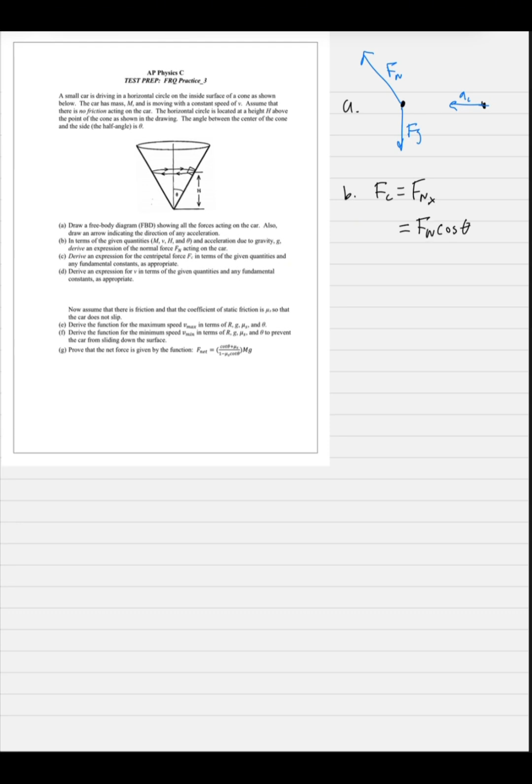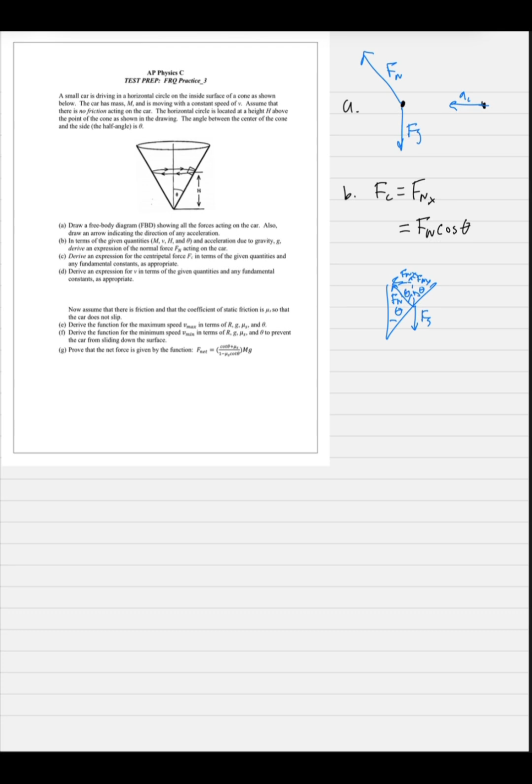Fnx will be expanded to Fn cosine theta, and that's because here this would be Fg, this would be Fn, right here would be Fny, and right here would be Fnx. This side would be the same angle.